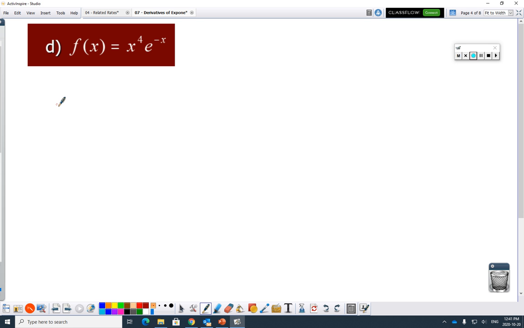Another product rule one. If anyone's having problems with product rule, I'm going to do this underlining thing again to go, okay, there's one function, there's the other one.